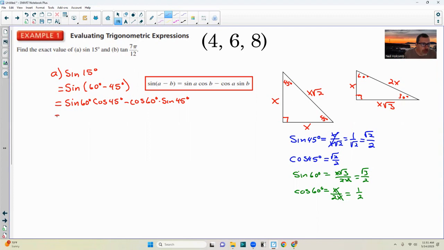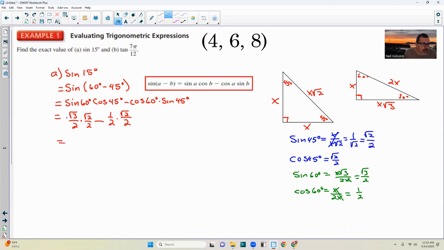So then I just simply say, well, the sine of 60 degrees is, let me see how the book does it. Yeah, they use the radical form. So the sine of 60 degrees is the square root of 3 over 2 times cosine of 45, which is root 2 over 2, minus cosine of 60, which is a half, times the sine of 45, which is root 2 over 2.